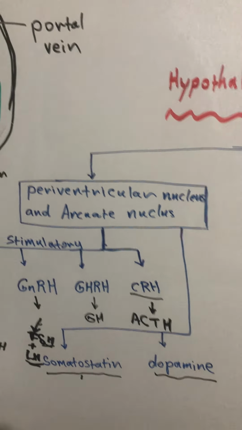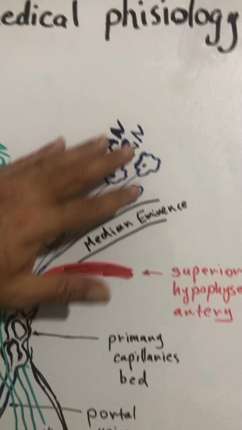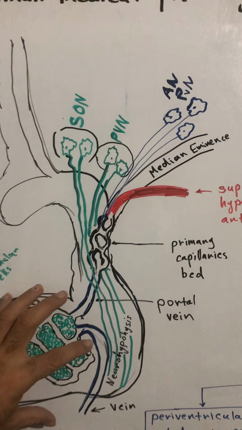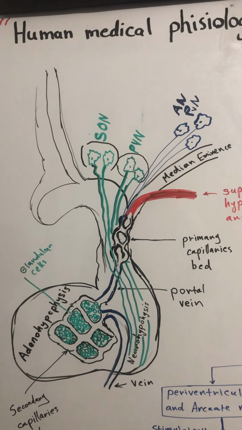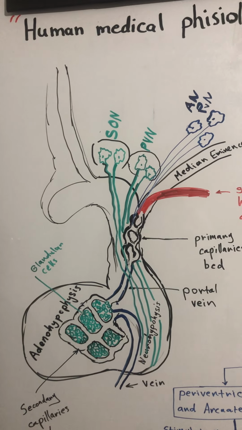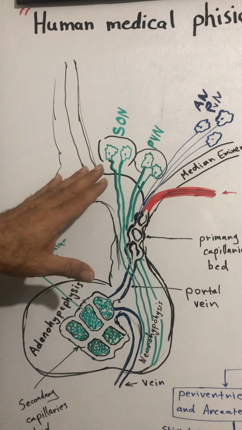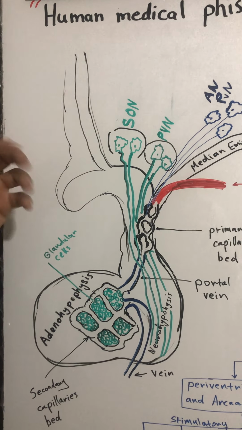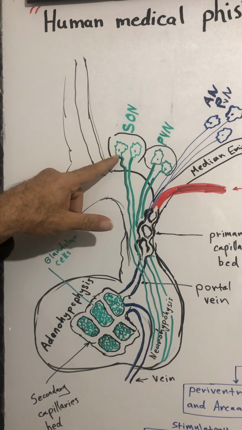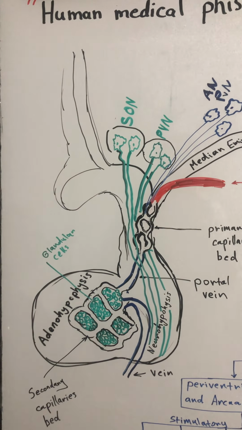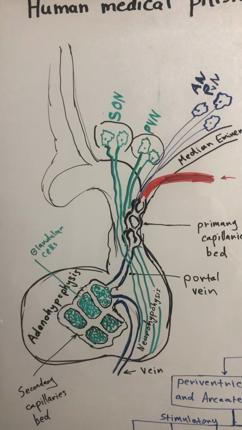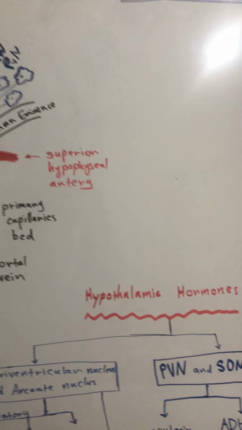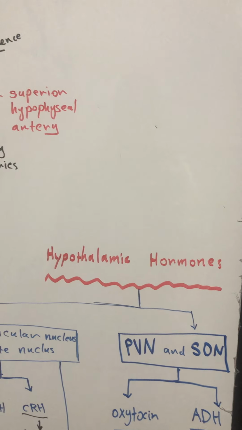Okay. In addition to those hormones that are tropic hormones that stimulate or inhibit the anterior pituitary gland, there are also two hormones released by the hypothalamus, but they are released by the larger cells in the supraoptic nucleus and the paraventricular nucleus. These two hormones are called oxytocin and antidiuretic hormone.